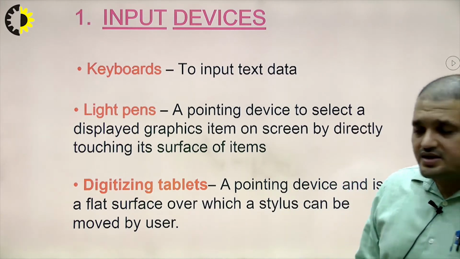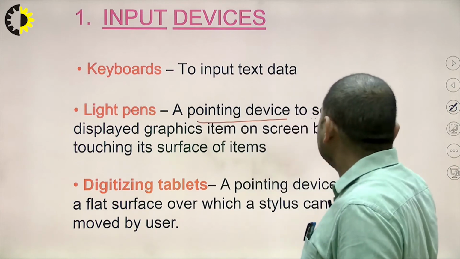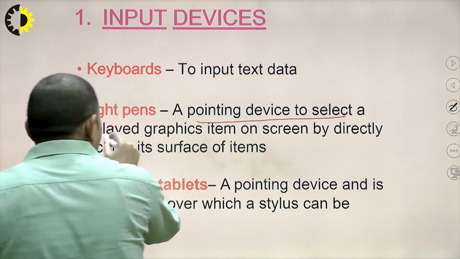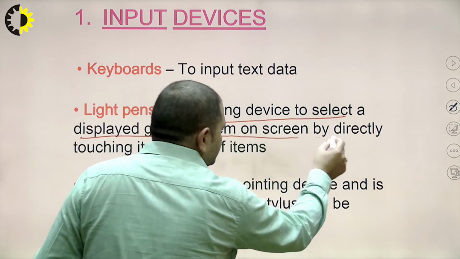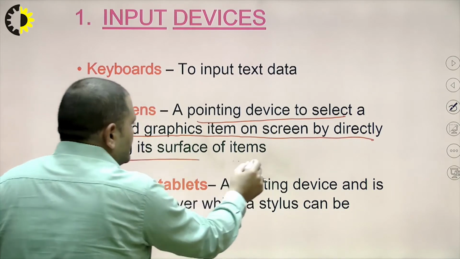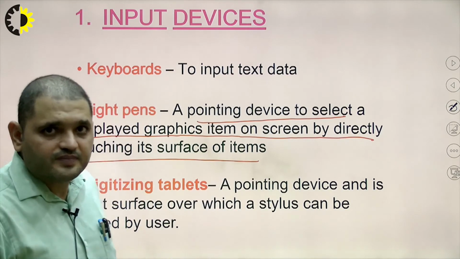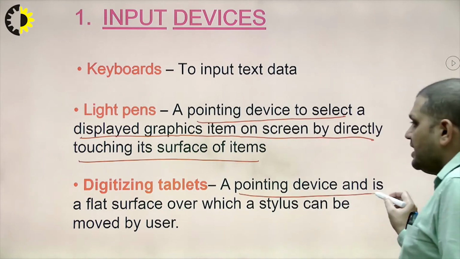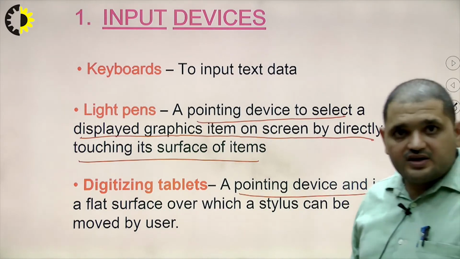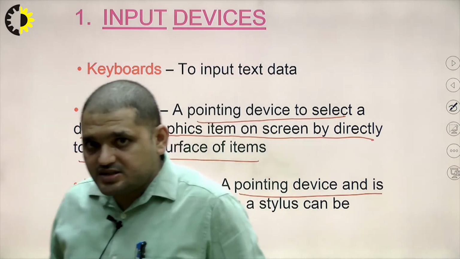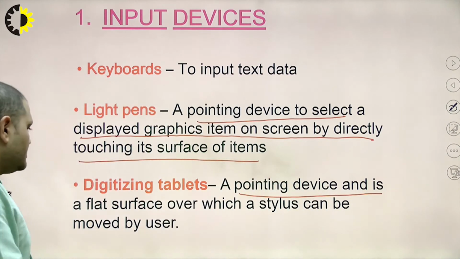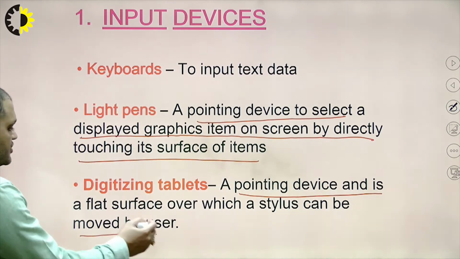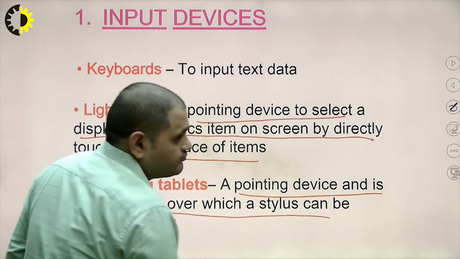Keyboard, all of you know what a keyboard is. A light pen is a pointing device used to select a displayed graphics item on a screen by directly touching the surface of the items. Then digitizing tablets, a pointing device with a flat surface over which a stylus can be moved by the user. So these are digitizers.